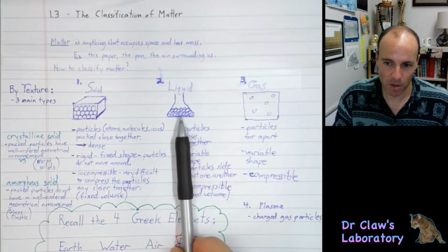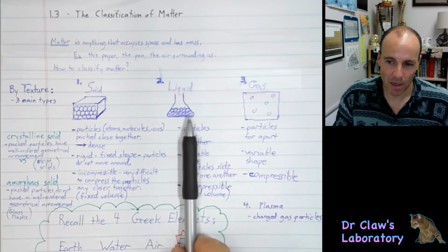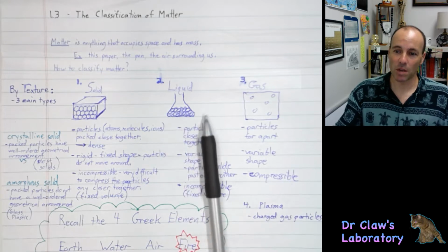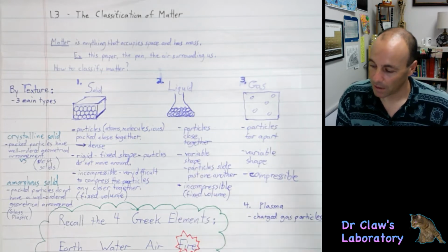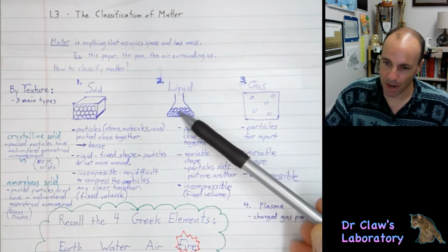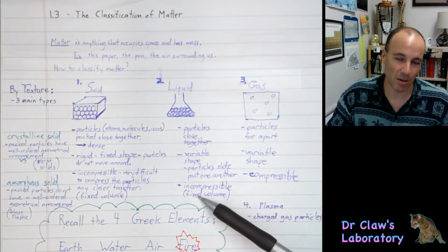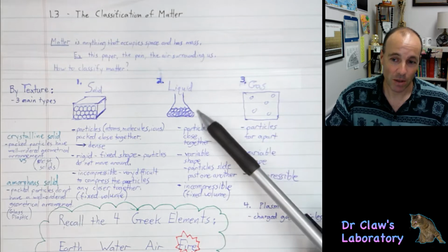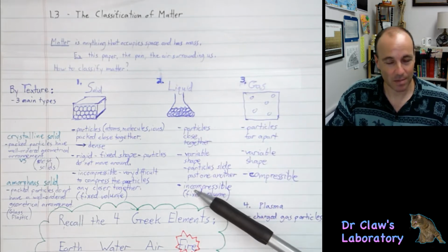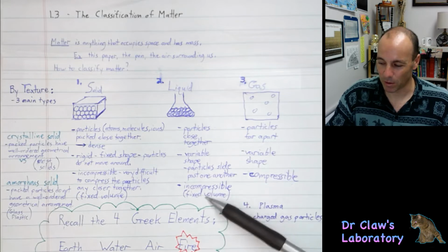Liquids are also pretty heavy, pretty dense, but the particles this time can flow past one another. So liquids take the shape of their container. And since the particles are packed closely together, they're pretty much incompressible. The shape might be able to change, but the volume is fixed, pretty much incompressible.